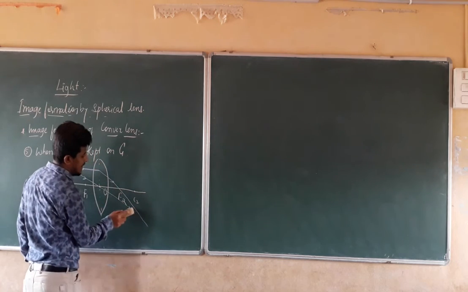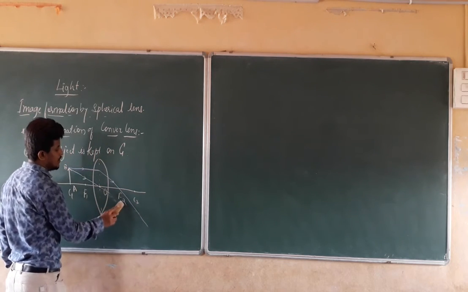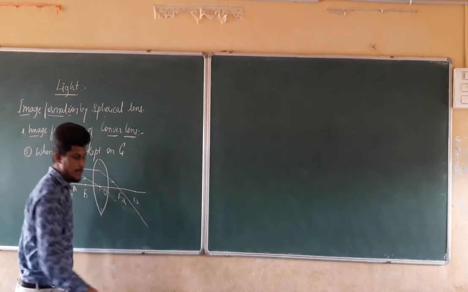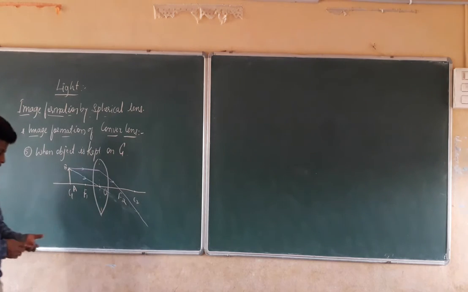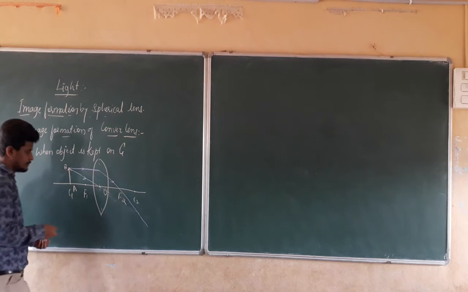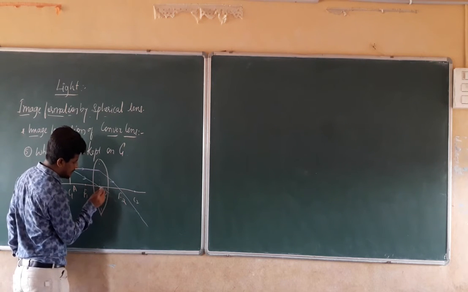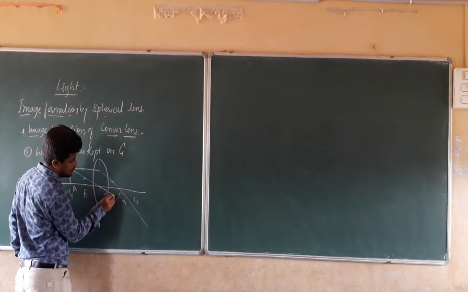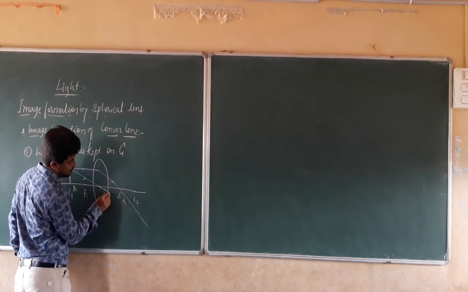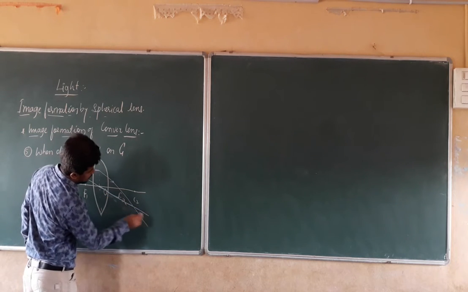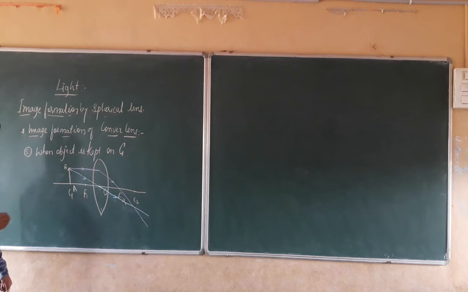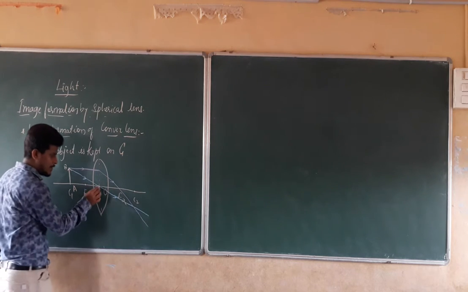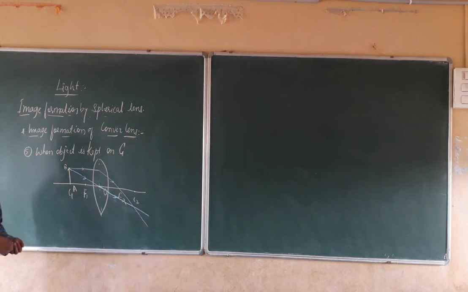Here the diagrams will not be accurate. For that reason, please use the pencil and compass and take the correct dimensions only, so that the diagram is accurate. In this way, the light is going to pass through the optic center.